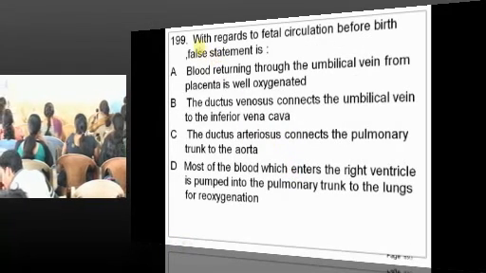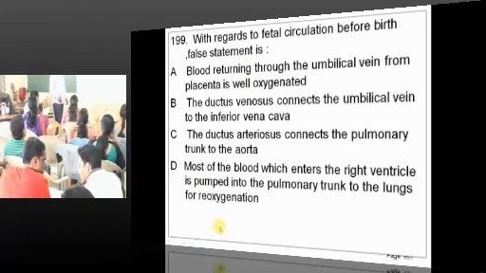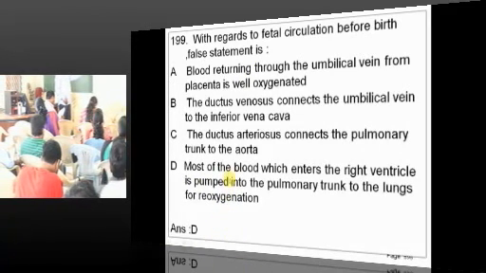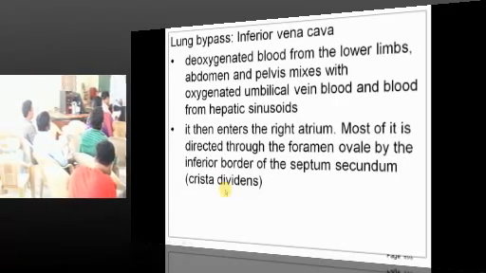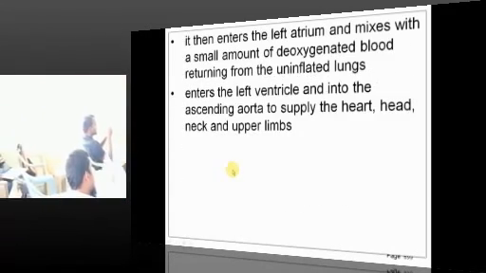Very good. Then what is the wrong statement about fetal circulation? Most of the blood which enters the right ventricle, how is it pumped, doctor? You need to review the lung bypass. I leave the literature for you.